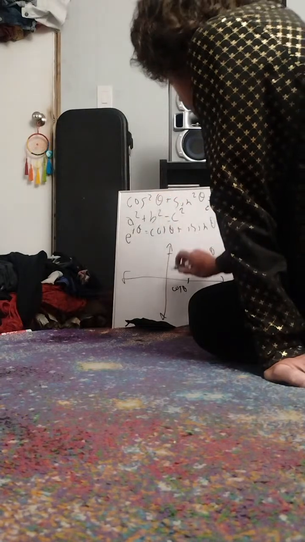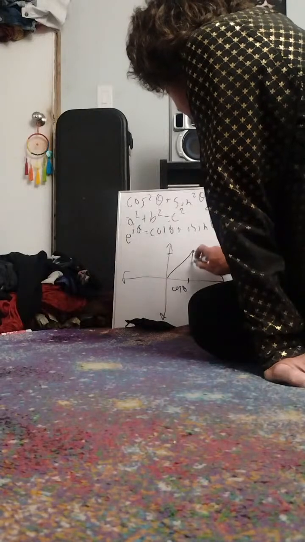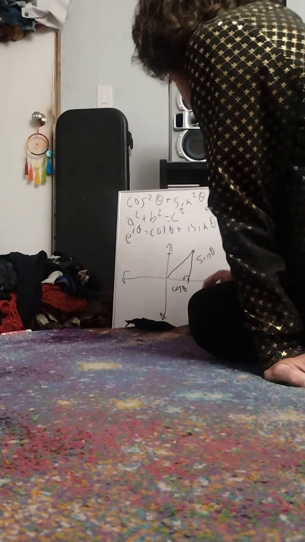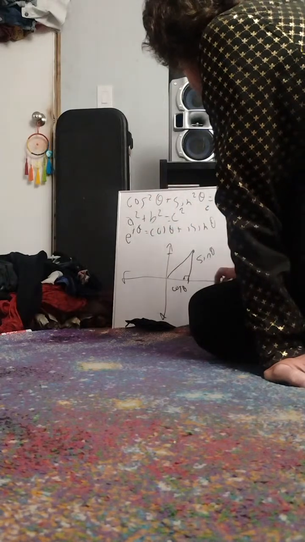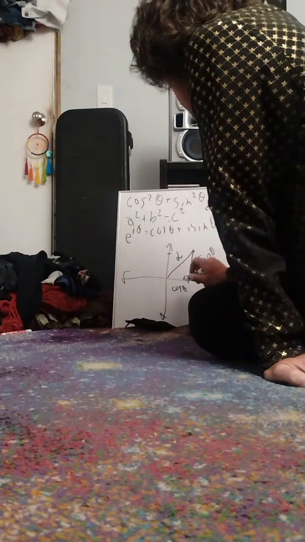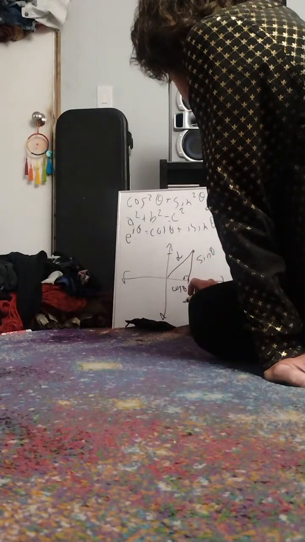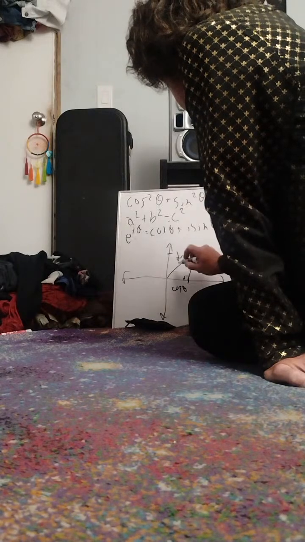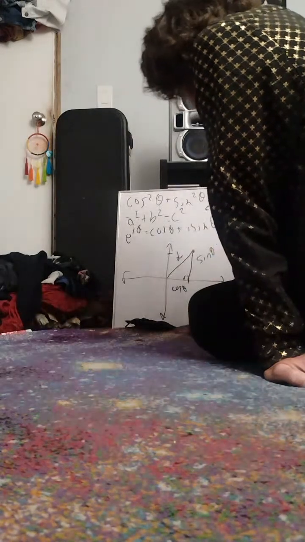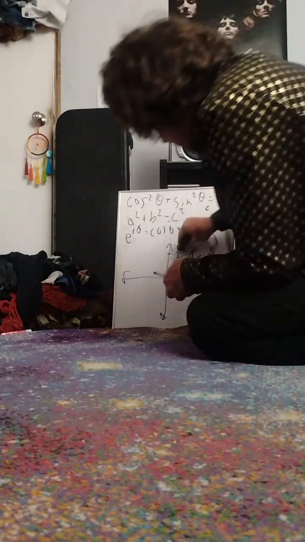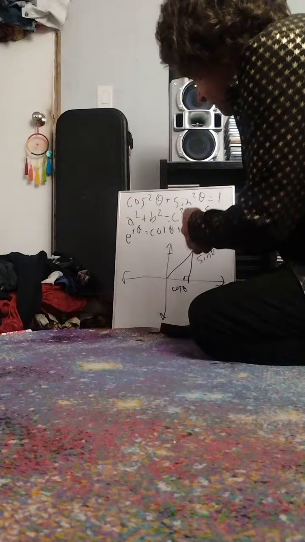Because of the right triangle formula, we can make a right triangle like this. And see, this is the right angle, the 90-degree angle. If a squared plus b squared equals c squared, then this radius right here, I'm going to call this radius r.